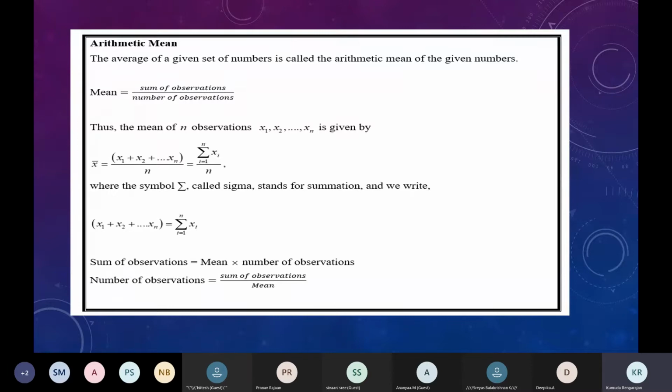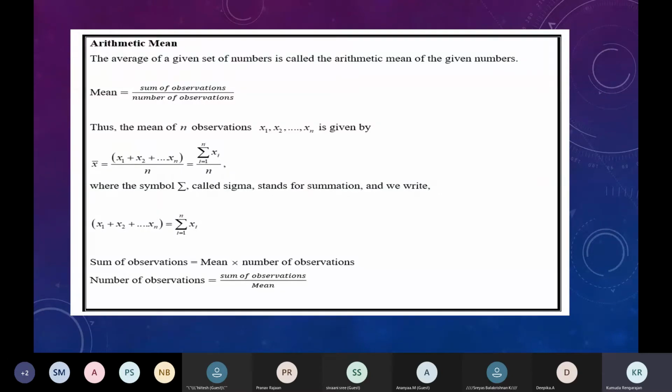Now, if you have 100 observations, the last one will be x100. Because x1 represents the first observation, x2 the second, x3 the third. So if there are 100 observations, x100 represents the 100th observation.